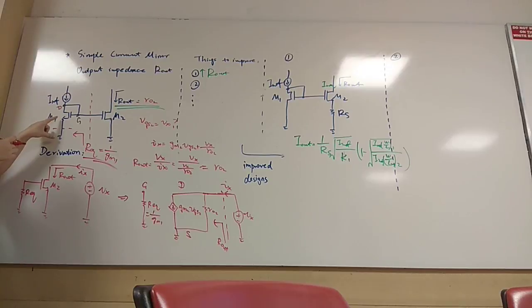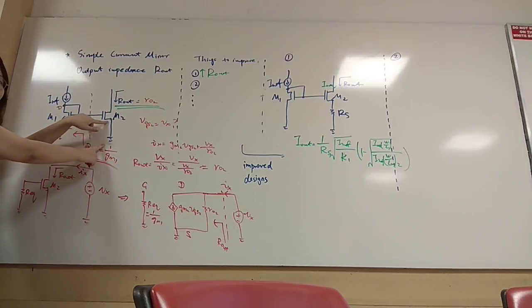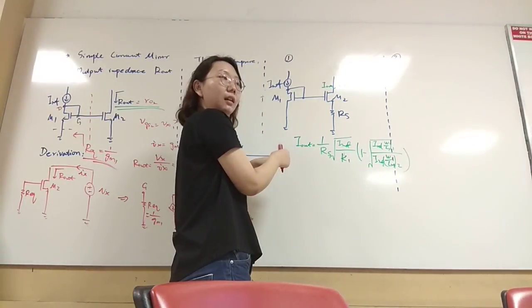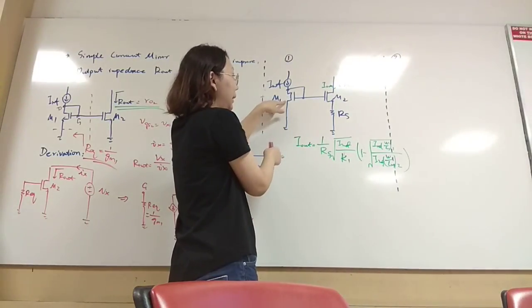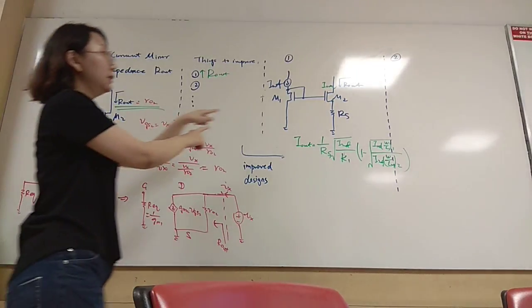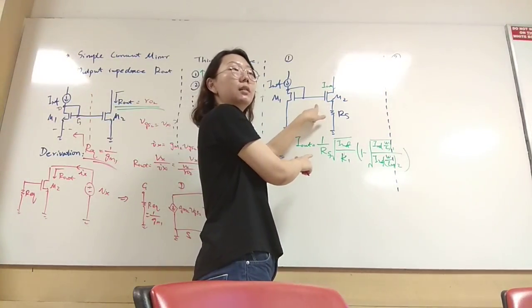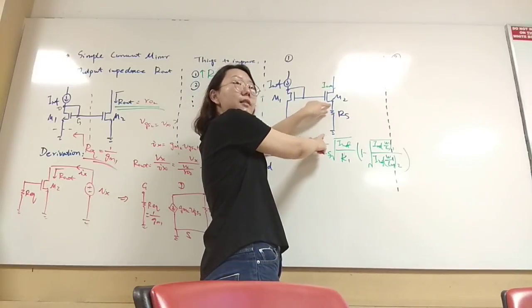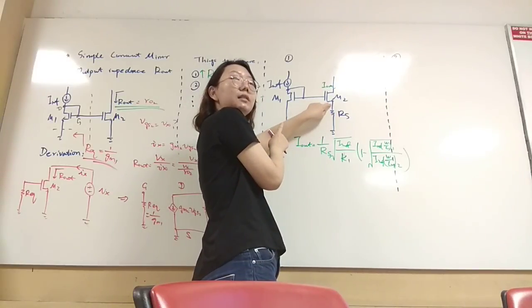Originally the source of my M1 is connected to ground directly, right? And the source of M2 is connected to ground directly. How about this one? The source of my M1 is connected to the ground, similar to this one. How about the source of my M2? The source of M2 is no longer connected to the ground, it's connected to my RS.